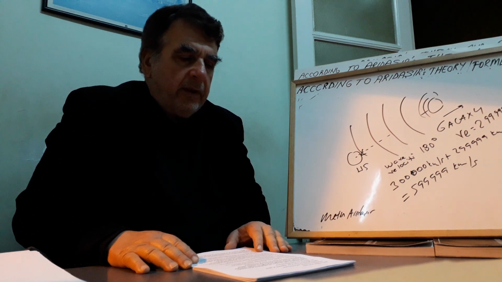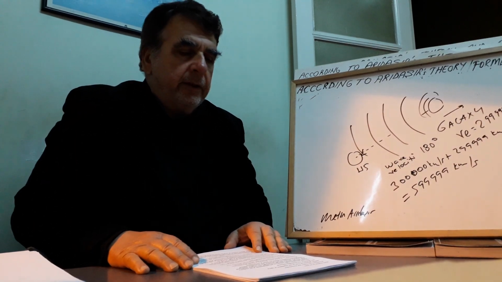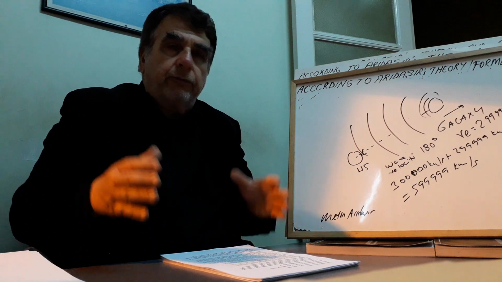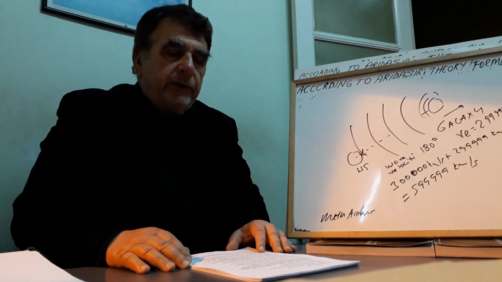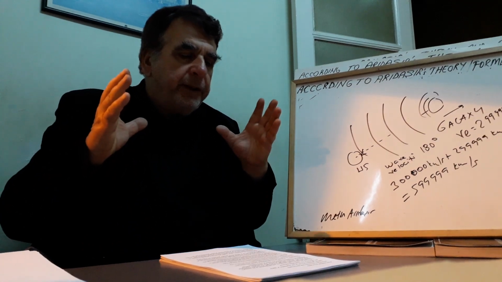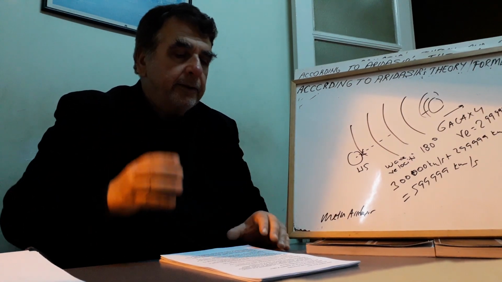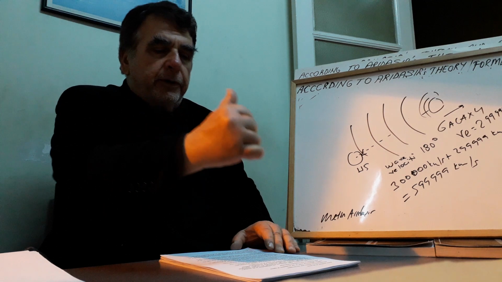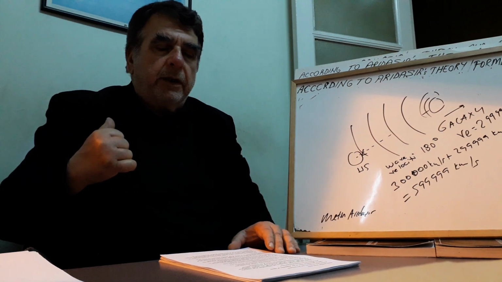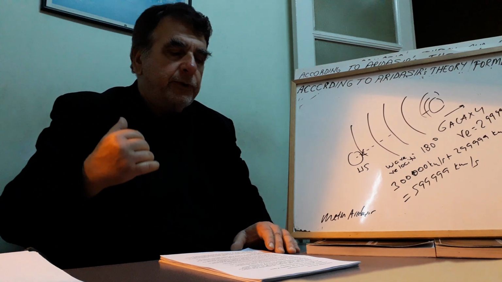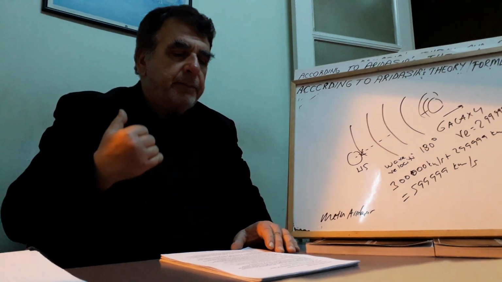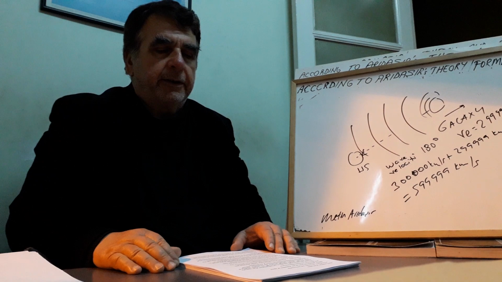Yes, as a result of my formulas, as the source velocity gets close to the speed of light, the light velocity in the opposite direction, 180 degrees direction, will be almost twice the value of the speed of light.